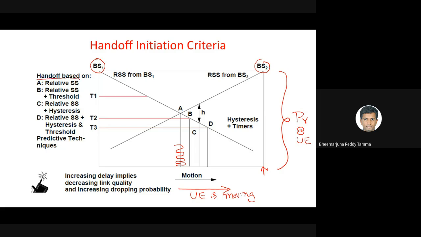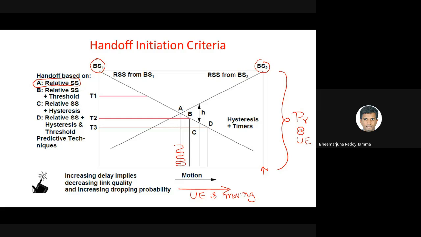The case one that I am going to show here is where the handover logic is to look at the signal strength of both base stations and connect to the base station which is offering the better signal strength. That is the relative signal strength.